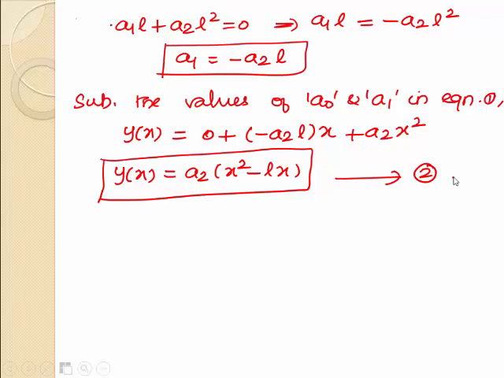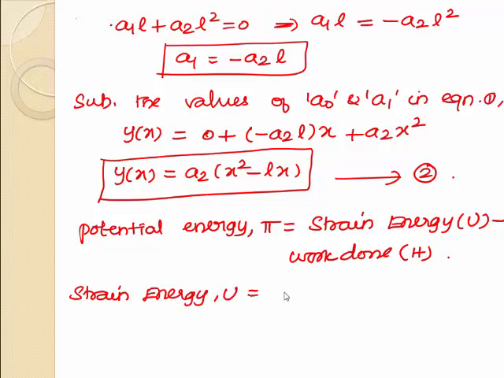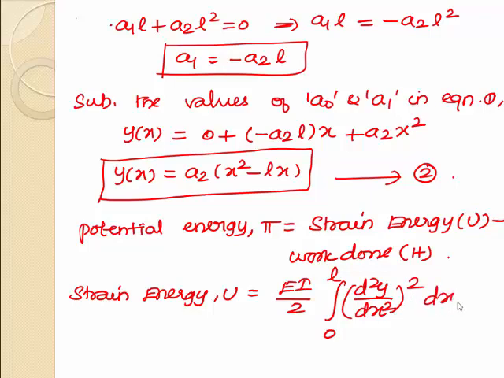Okay. So to solve this problem using the Rayleigh-Ritz approach, we can use this relation, that is potential energy pi is equal to strain energy U minus work done H. For beam problems, the strain energy formula is known to be EI divided by 2 integral 0 to L d squared y by dx square the whole square dx.